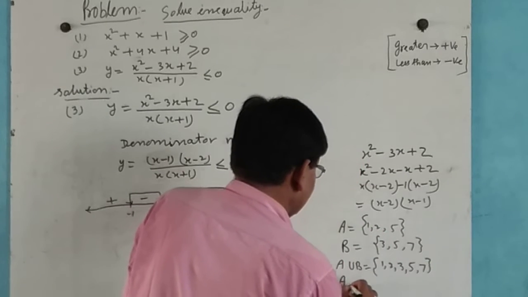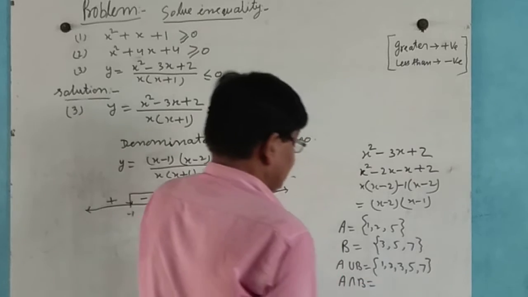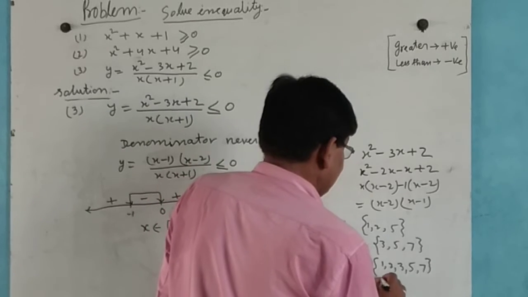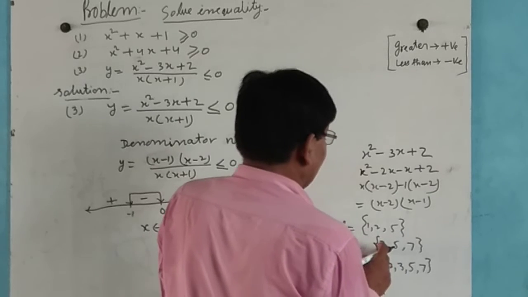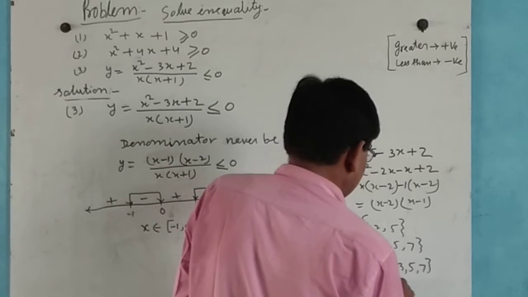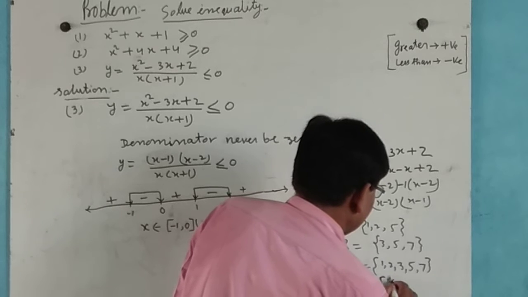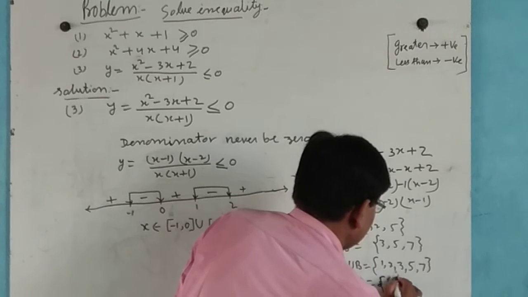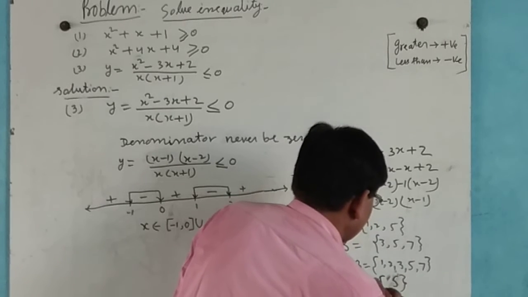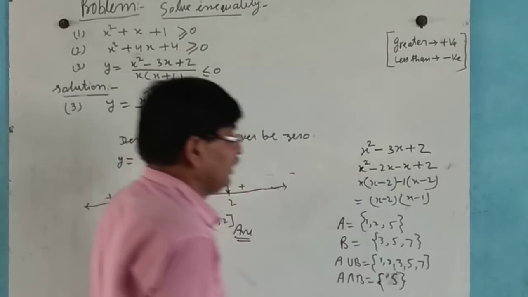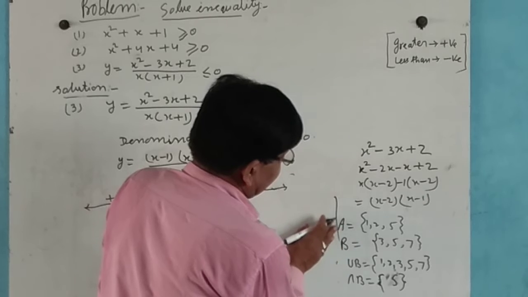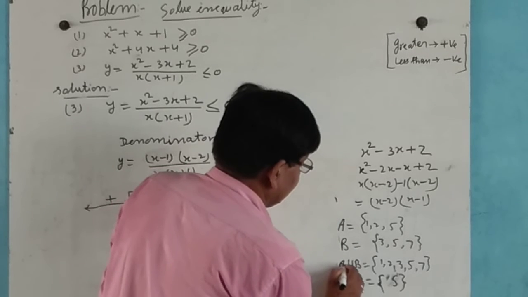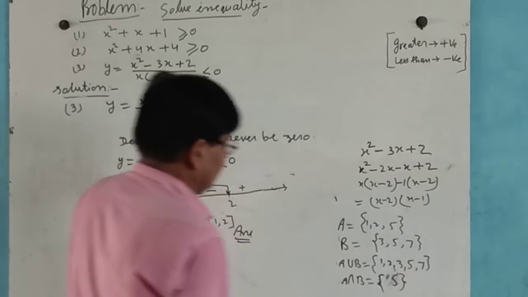If you calculate A intersection B, the elements common in both, here 1 is not, only 5. Such type of problem we study in the set theory.